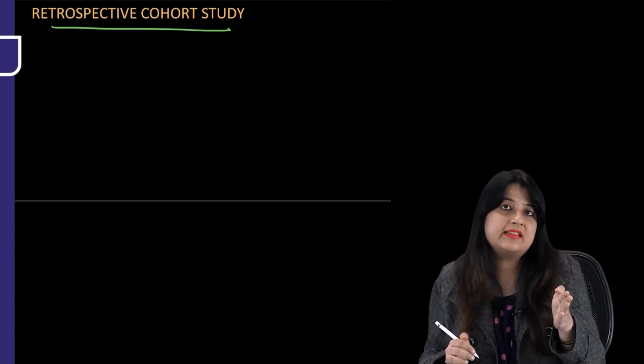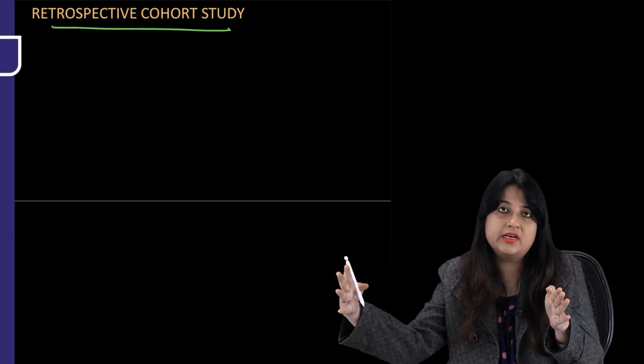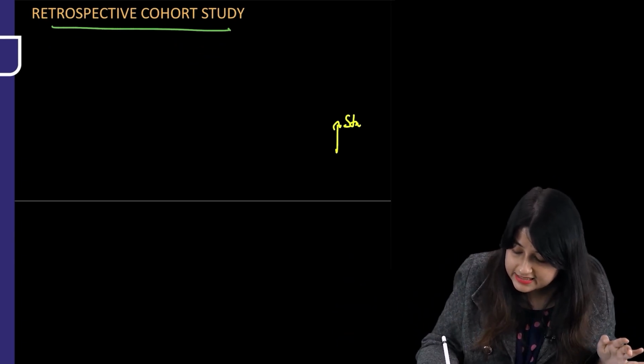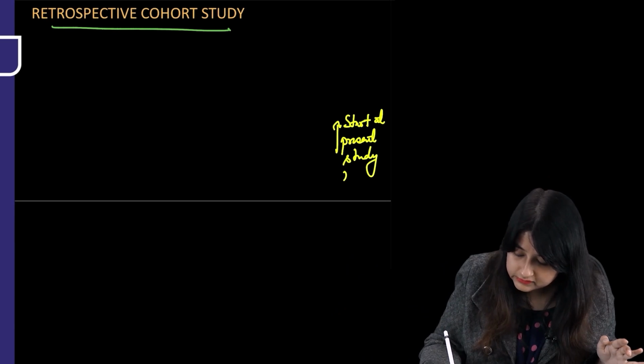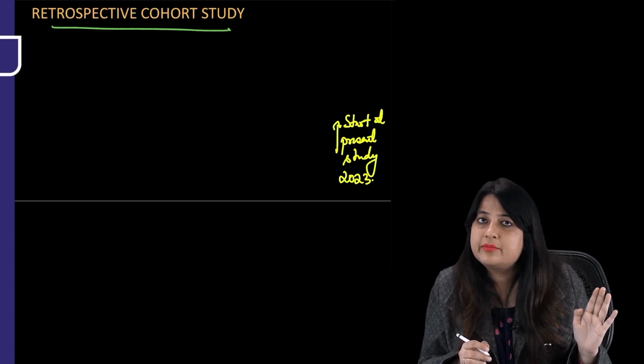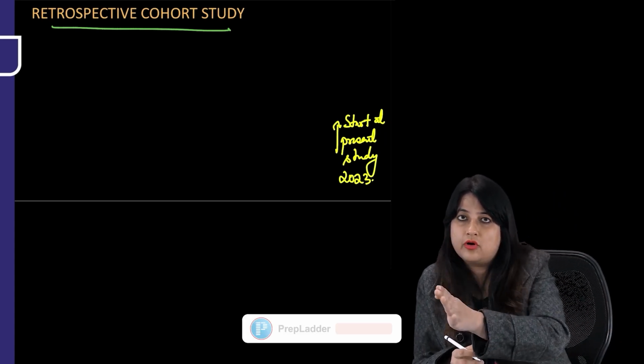Instead of starting at the present time and moving forward, what I can do is start the study at present time. Let's say in 2023. You're going to start your study at present time, but you're not going to move forward.